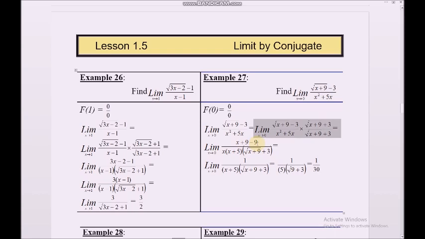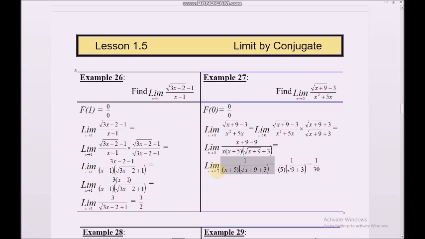Now what do we have? 9 minus 9 is 0. Cancel it. You have x, and also x can be cancelled with x. So above we have just 1, and down we have a bracket and another one that contains the square root.